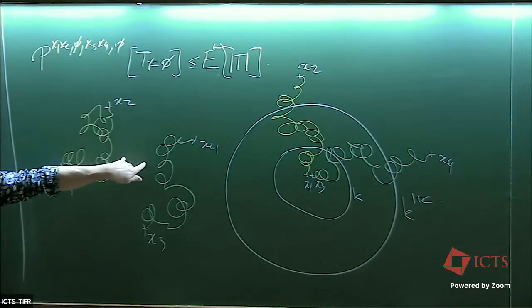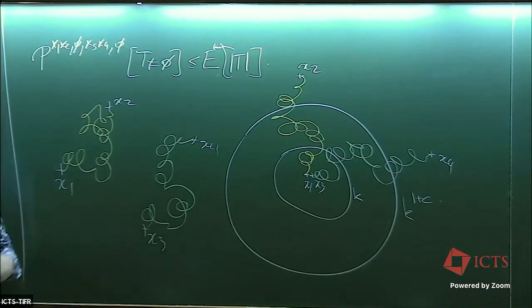Here I told you the expected number of intersection is 1. Now, if you just look at the number of intersection and you look at the second moment, you will agree with me that just using the green function estimates, you will actually express fairly easily what the second moment is. You get something logarithmic.